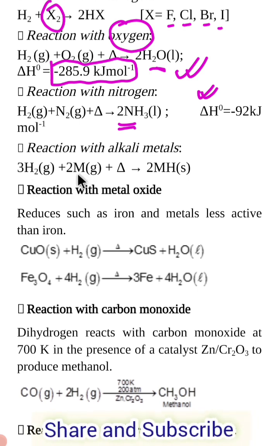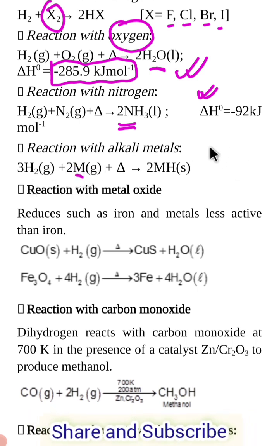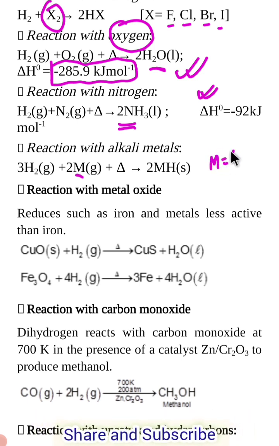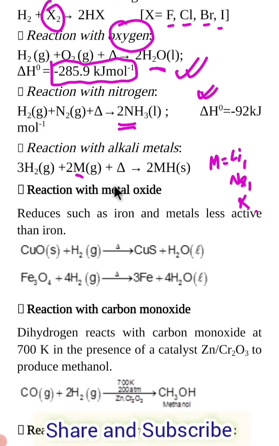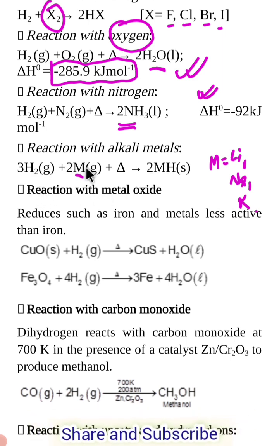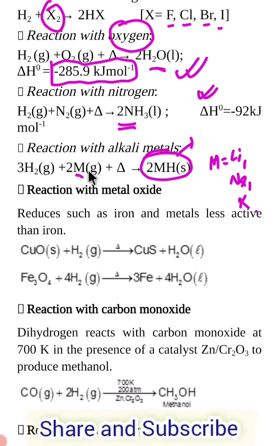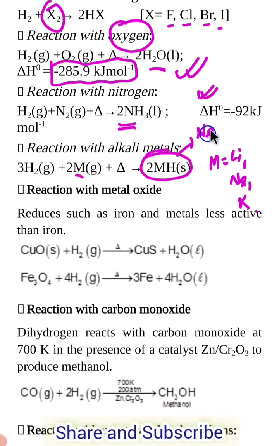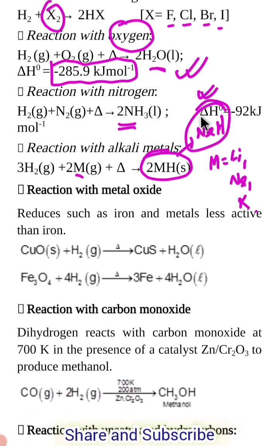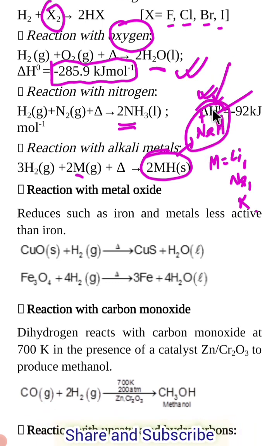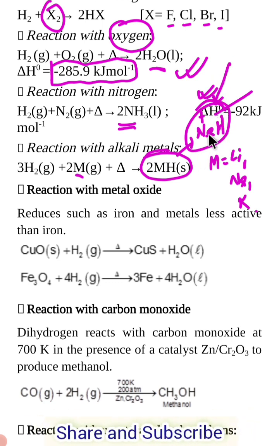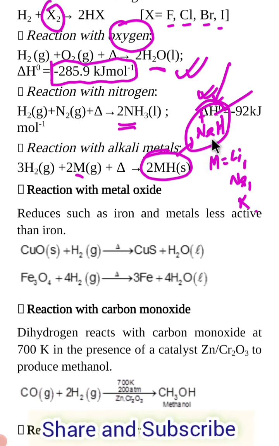Hydrogen is reacted with M. This M can be lithium, sodium, or potassium. So hydrogen reacts with alkali metals to form metal hydrides, MH. If M is sodium, this will be sodium hydride, where sodium has a positive charge and hydrogen has a negative charge. This is an ionic compound, and it is one of the examples of ionic hydrides.